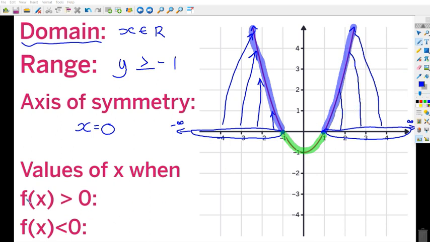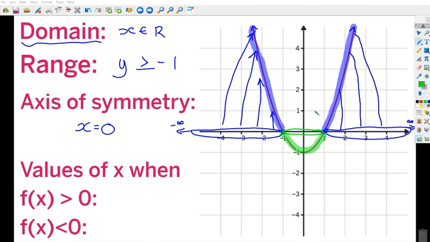Alright, now if they say, where's my graph, where are the y values, above the x-axis, we already know it's the blue part. That's where it's above. Is that to the left or to the right of this x-intercept? This blue part, is it to the left, all these x values, or is it to the right, all of these x values?